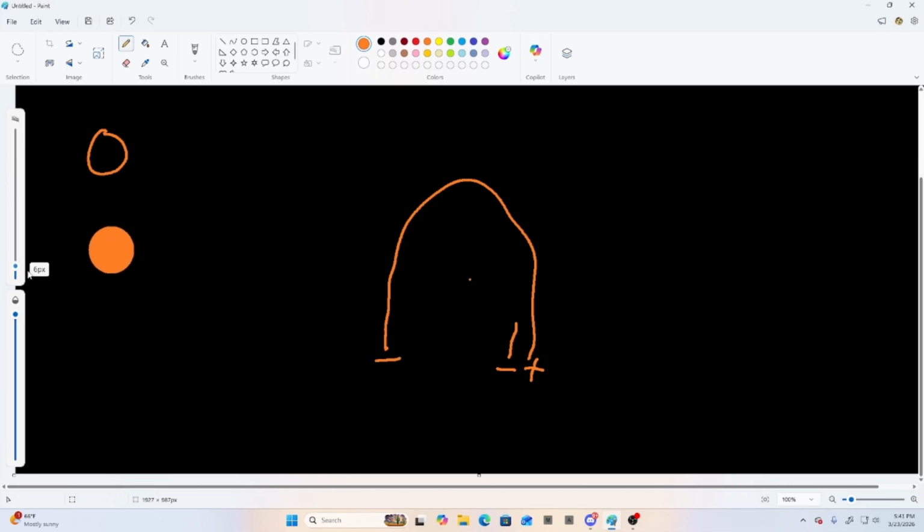The gaps pull, the excess pushes. So this would be in forces like this. And this one would be in forces like this.